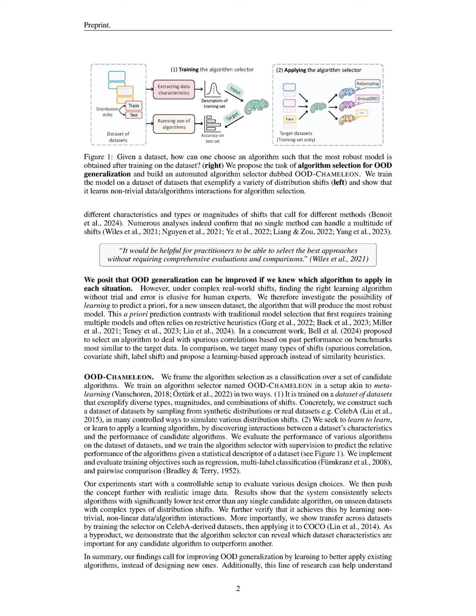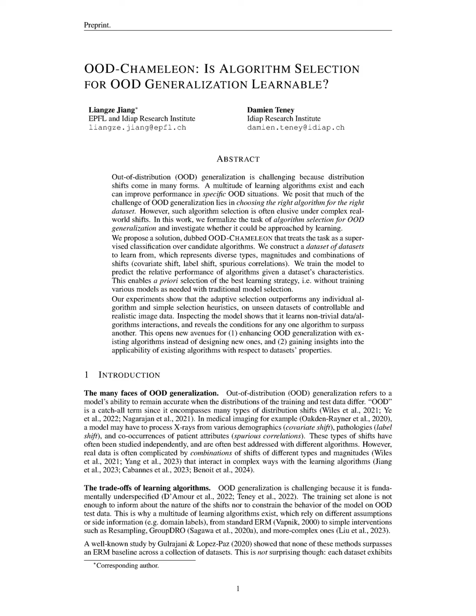Firstly, it enables a priori prediction of the most suitable learning algorithm for a new unseen dataset, contrasting with traditional methods that require training multiple models and rely on restrictive heuristics. This approach is particularly beneficial in complex real-world scenarios where distribution shifts are multifaceted, as OOD-CHAMELEON is designed to handle various types of shifts, covariate, label, and spurious correlations simultaneously.